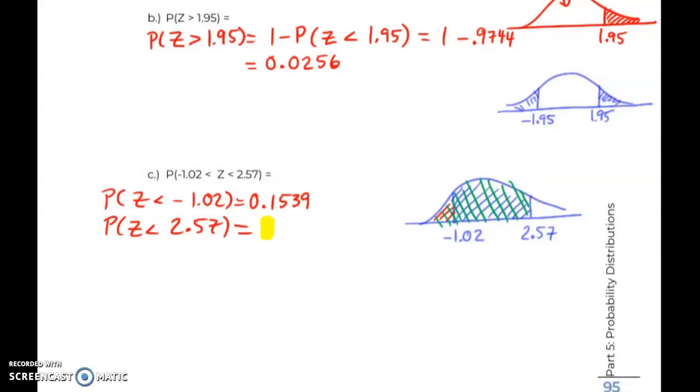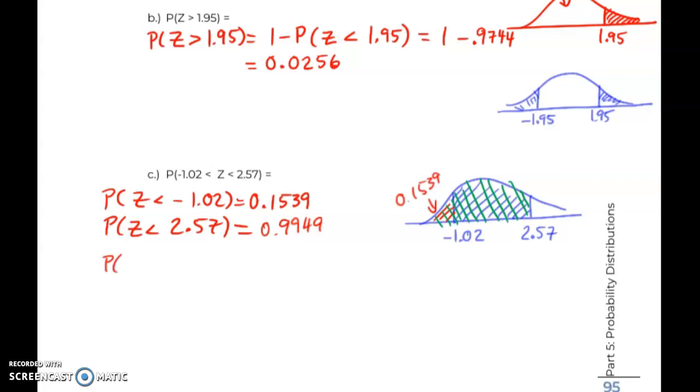So 0.9949. And as we mentioned before, we're going to take the larger area, which was the 0.9949. We're going to subtract from it the smaller area, which is the 0.1539, in order to get the difference of those two.